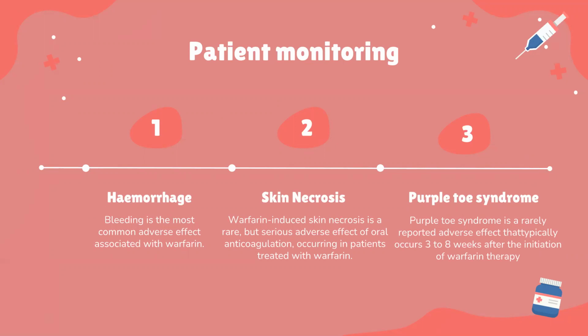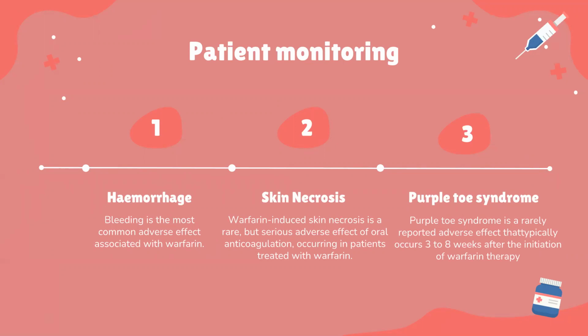However, we also need to monitor for other adverse effects such as skin necrosis and purple toe syndrome. Skin necrosis is also associated with warfarin use alongside hemorrhage and purple toe syndrome. Purple toe syndrome occurs from 3 to 8 weeks after the initiation of warfarin therapy. With the effect of pressure, the coloration of the skin becomes normal.